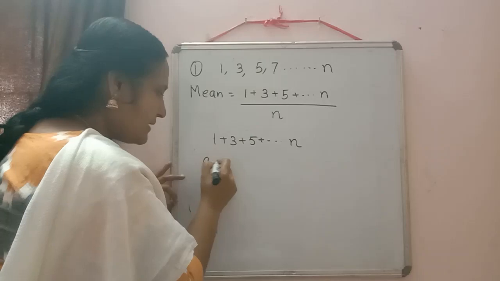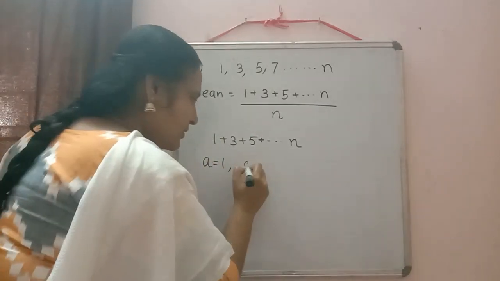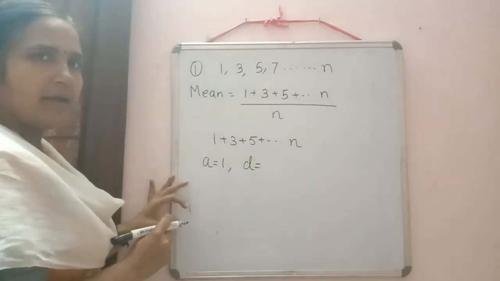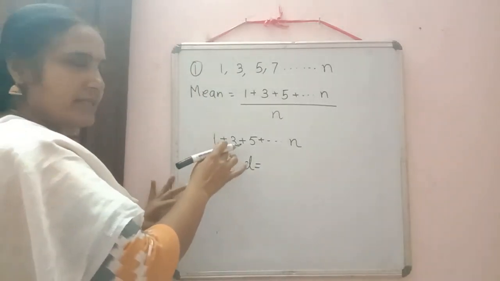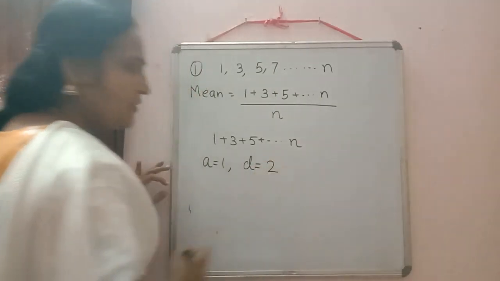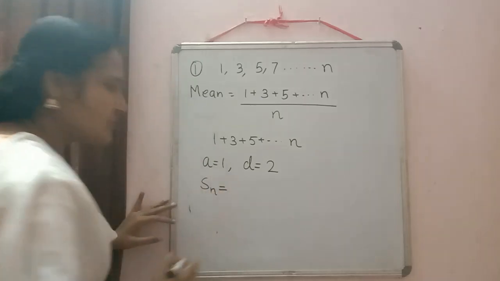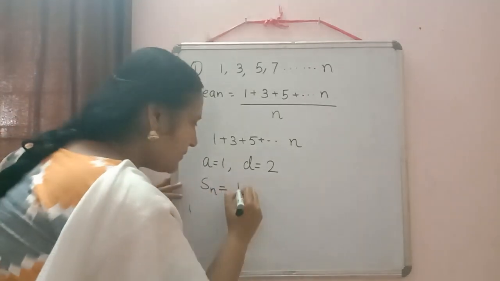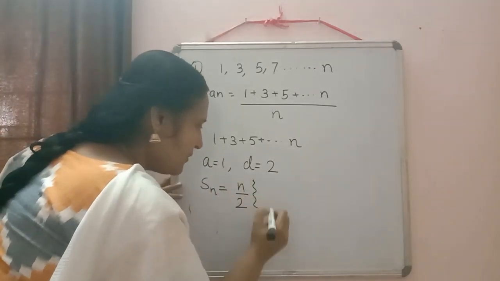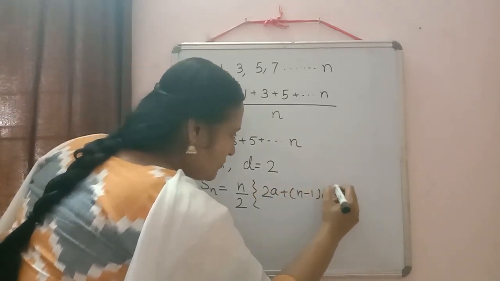What do we have as a, the first term of the AP? 1. And what is the common difference of the AP? How do we calculate the common difference? Second term minus first term. So 3 minus 1, 2. Now we want the sum of n terms. So the formula is Sn is equal to n by 2 into 2a plus n minus 1 into d.